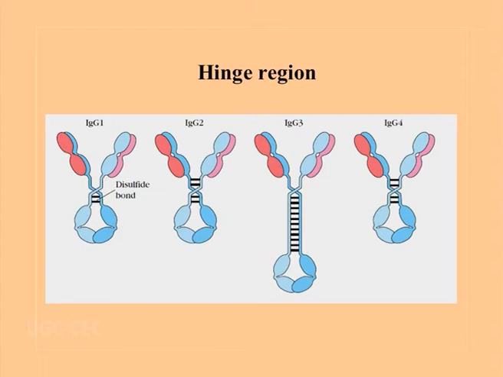In IgG3, there are 11 interchain disulfide linkages present in the hinge region. Thus, the hinge region is quite long here. In case of IgG2 and IgG4, there are 4 disulfide linkages present, whereas in case of IgG1, there are only 2 disulfide linkages present at the hinge region. And due to these structural changes, their properties also differ.